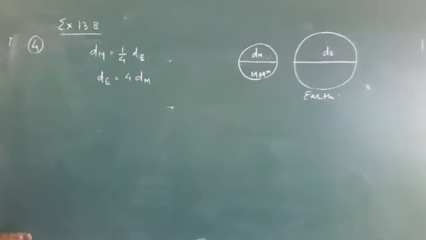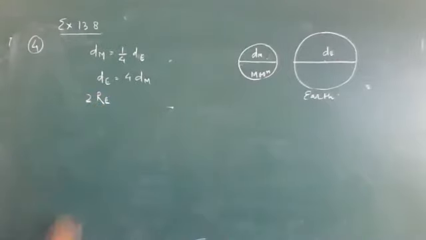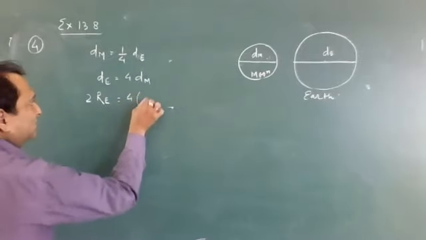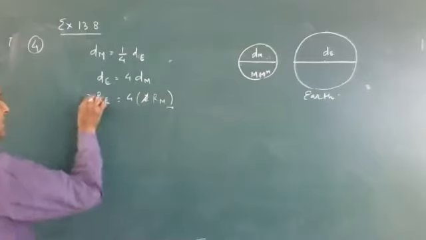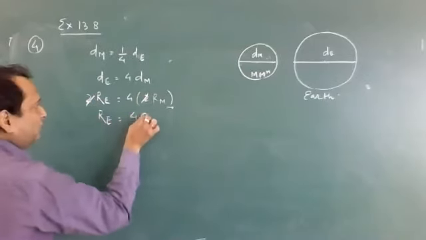We know the diameter is 2 times the radius, so 2 re equals 4 times 2 rm. The 2 cancels with the 2, so re equals 4 times rm.